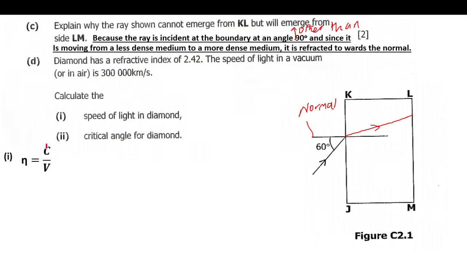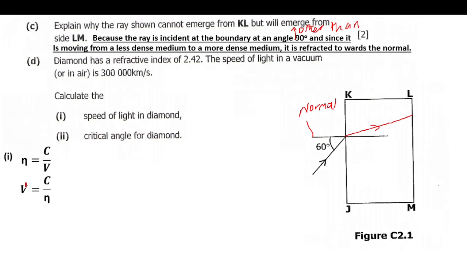So this C is the speed in vacuum, which is this one that I've given here, of light in vacuum, or air, over this one, speed of light in material, in this case speed of light in diamond, which is a material. So we'll make V the subject of the formula.